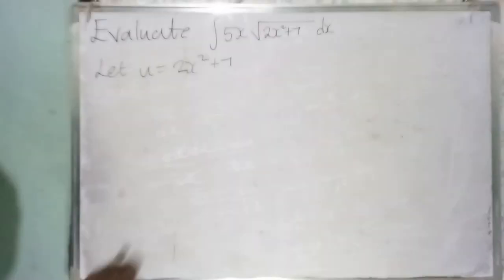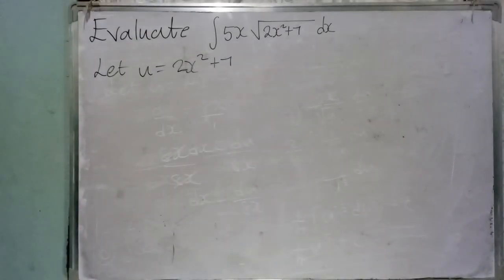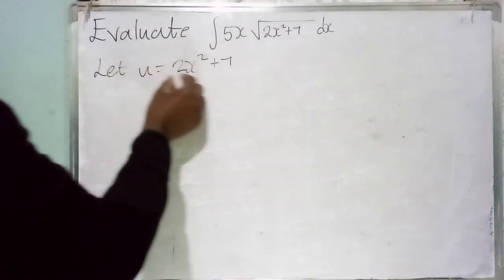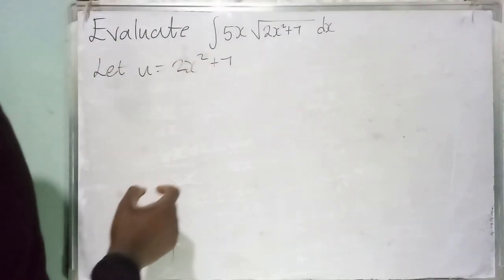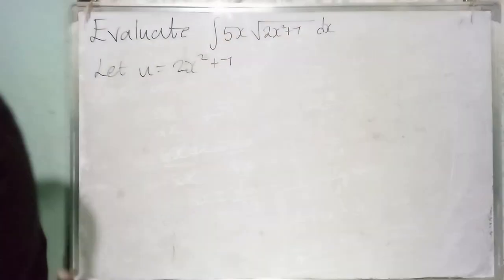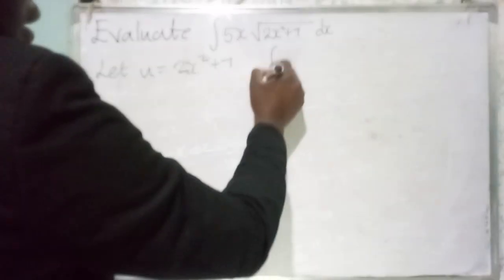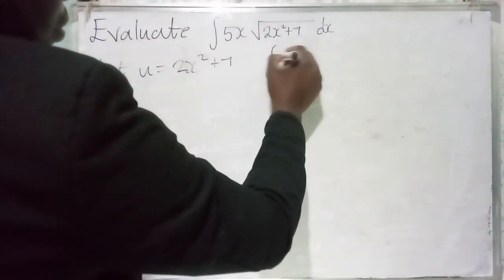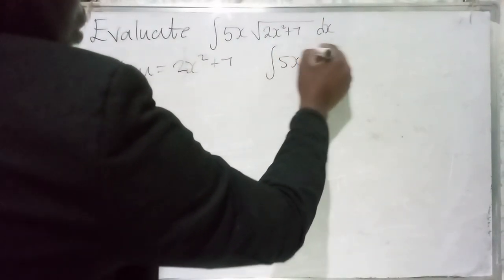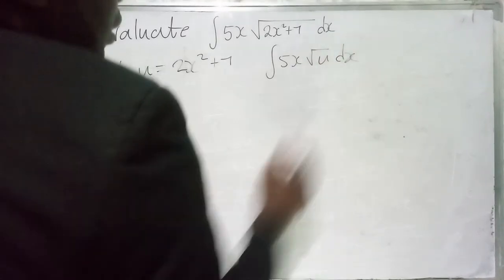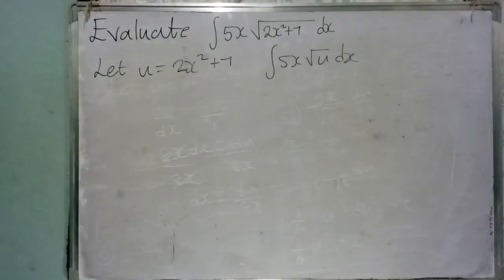Then the integral changes to the integral of 5x times the square root of u dx.